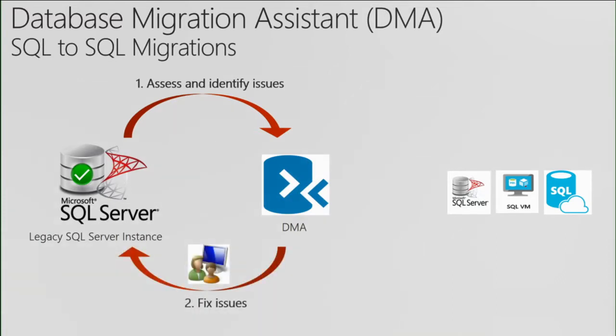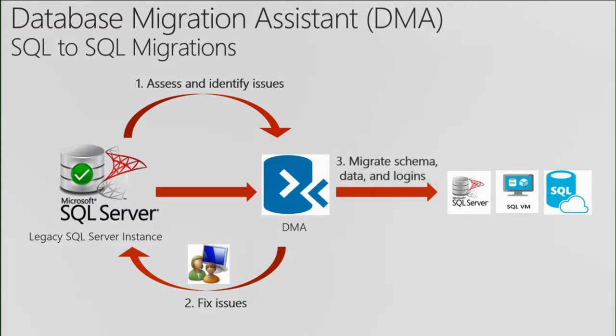And then maybe you'll fix those things and then run through this and migrate schema, data, and associated logins, SQL agent jobs, et cetera. And just to be clear, our expectation is that you shouldn't find things. This should be super smooth, but this is more like having suspenders, belt, and everything, to do an assessment and get a sense of it.